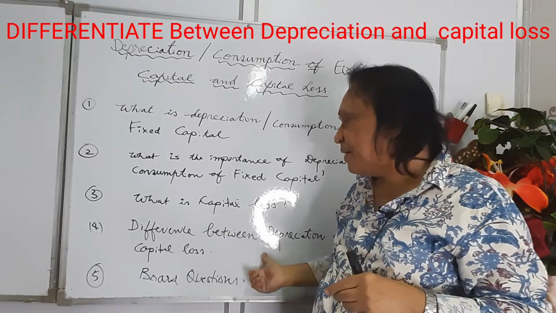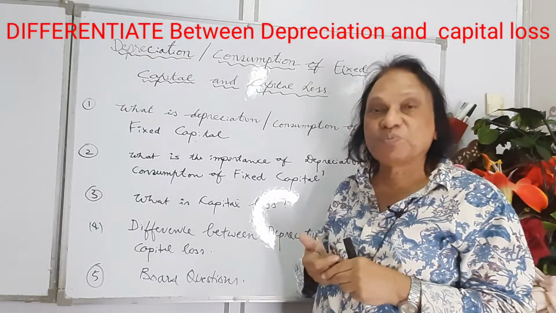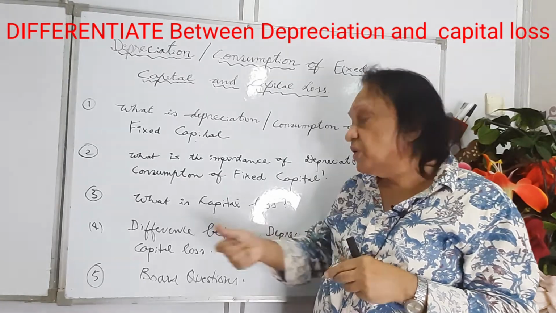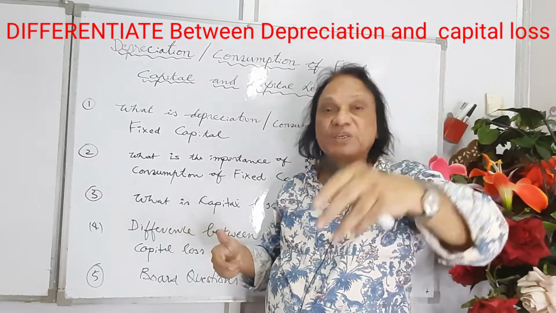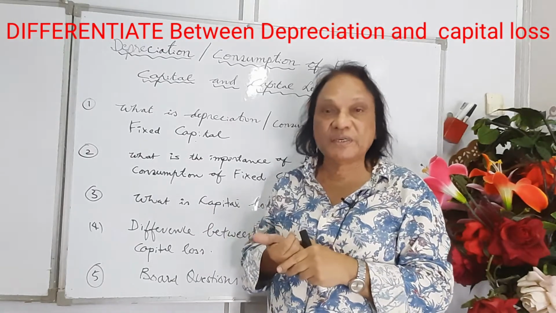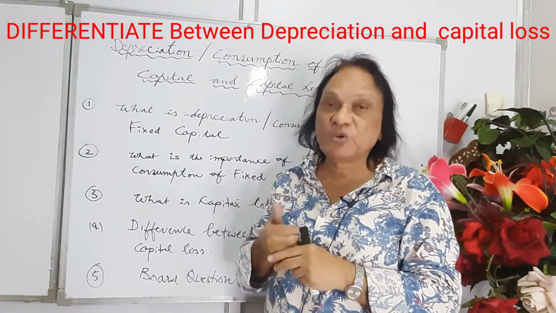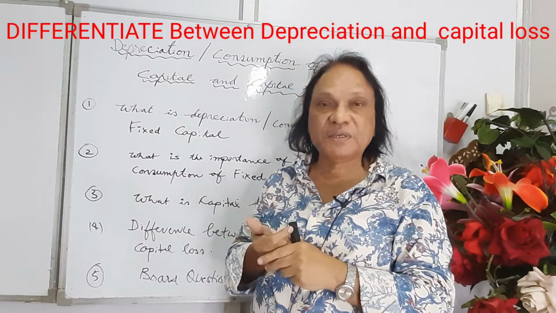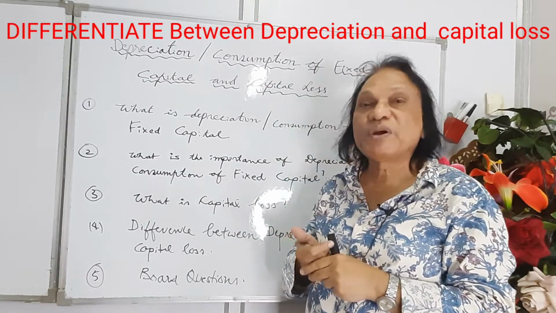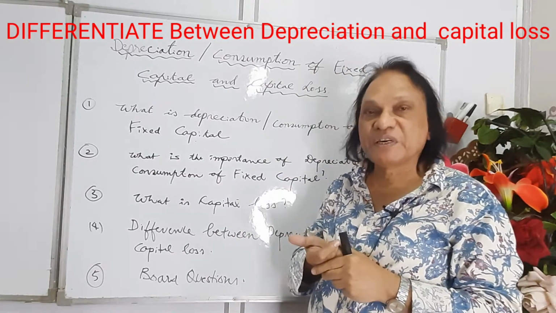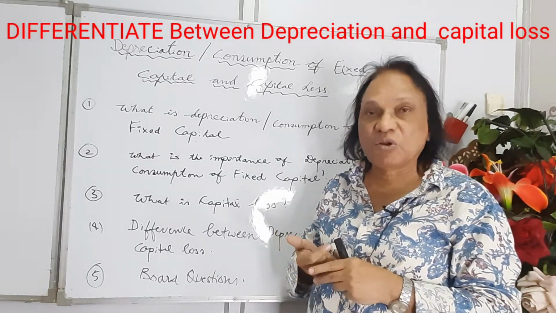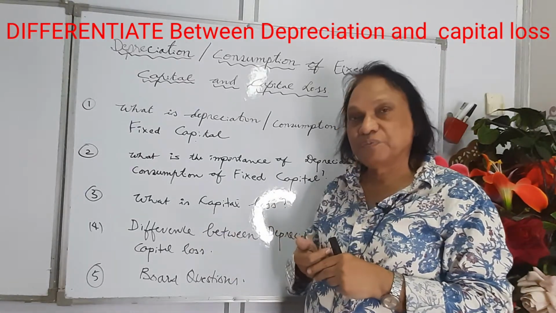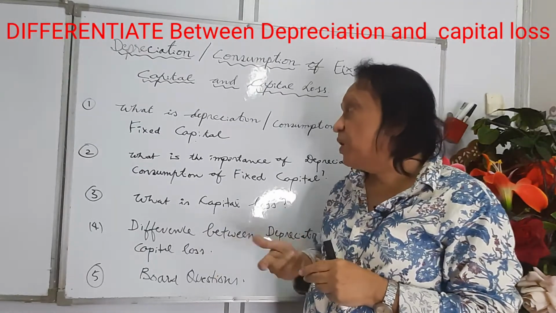But in case of capital loss, there are no depreciation provisions. We don't foresee that there is going to be an accident, or a fire in the factory. However, you can insure it. That's a different thing. You can insure your capital, your building, structures and all. That's a capital loss. So this is a small topic.